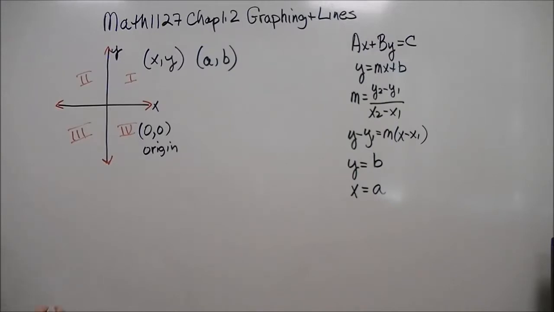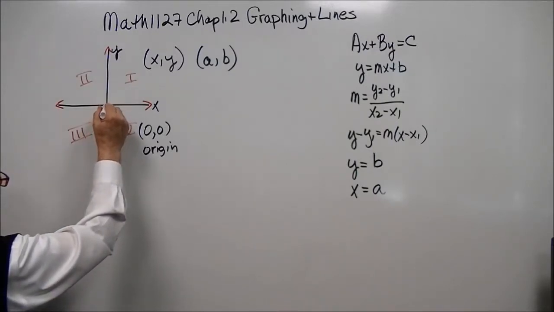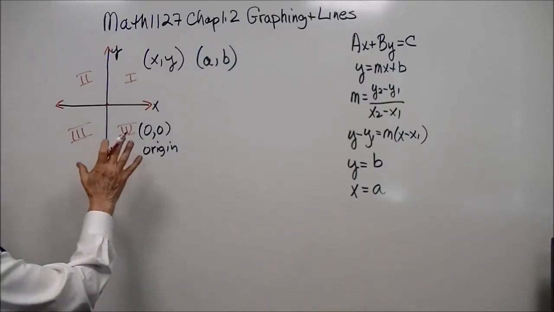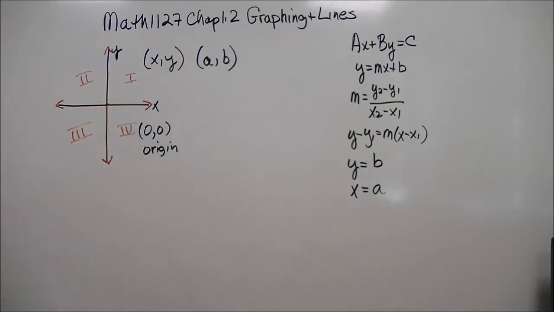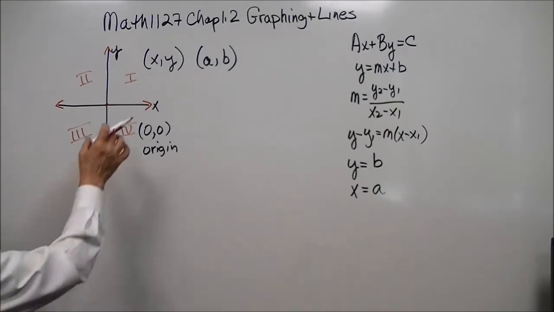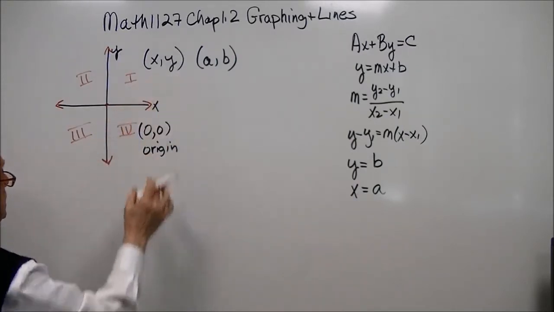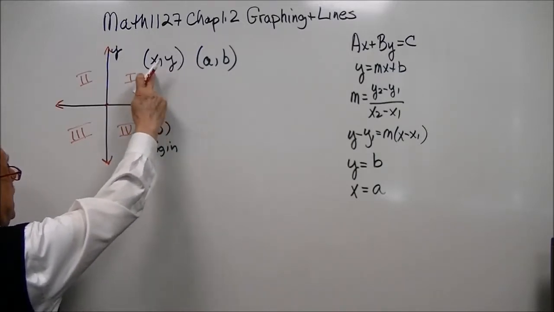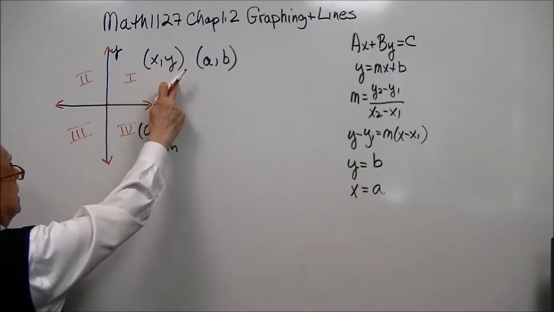Now, you recall a number line has a 0 right in the middle. And to place a point on this graph, or it's sometimes called a rectangular coordinate plane, we need 2 points. And they're given as an ordered pair, x comma y.